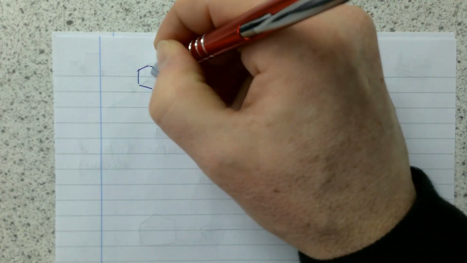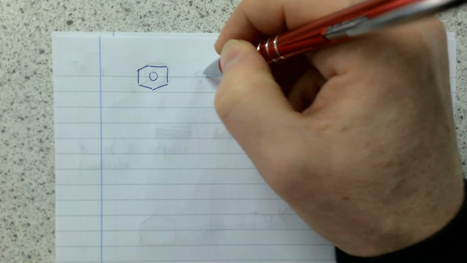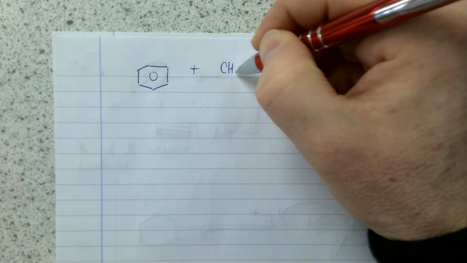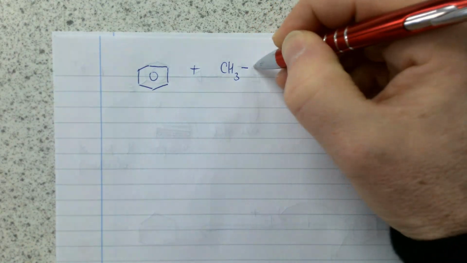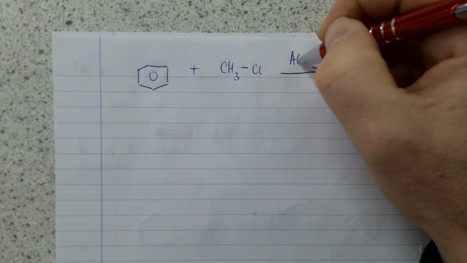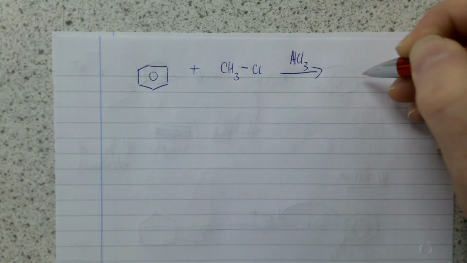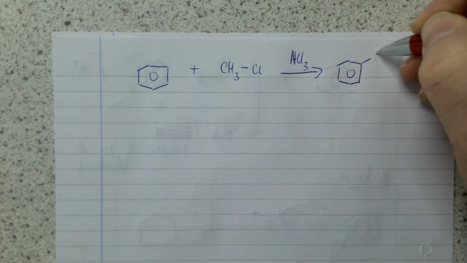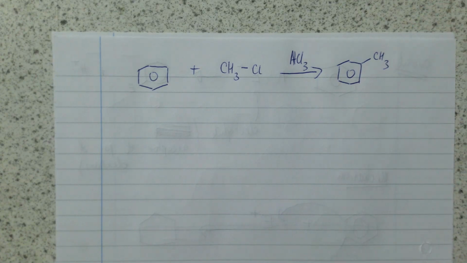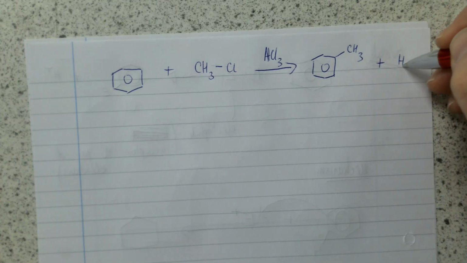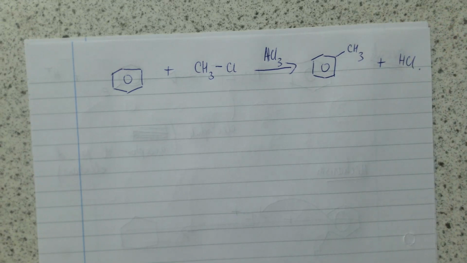So if you take something like chloromethane in the presence of aluminium trichloride, we can form that plus HCl.